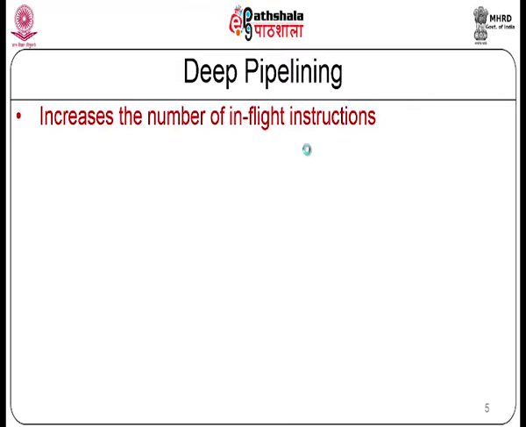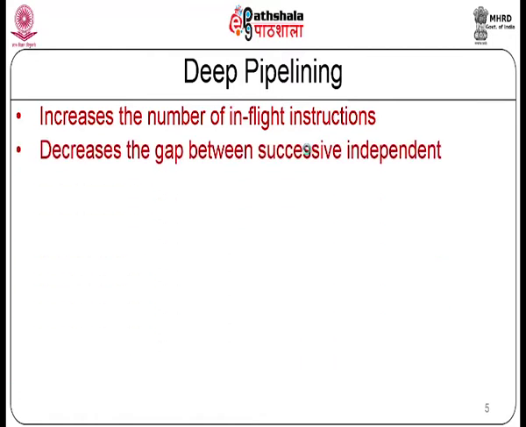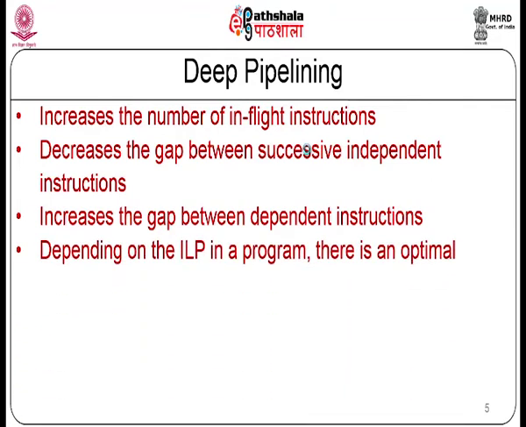Deep pipelining is when you try to increase the number of stages in your pipeline. As you increase the number of stages, it obviously increases the number of in-flight instructions. It decreases the gap between successive independent instructions, but it increases the gap between dependent instructions because you now have more stages.